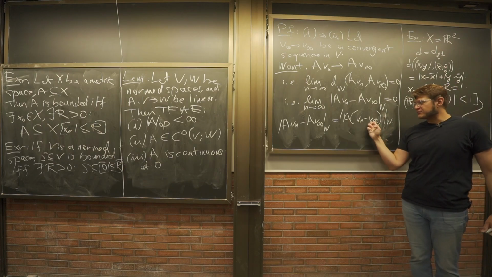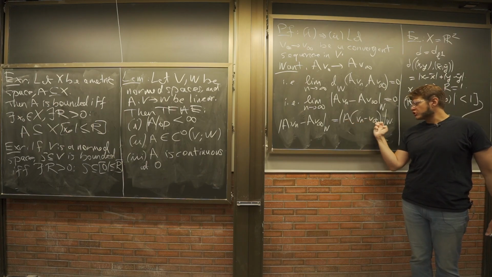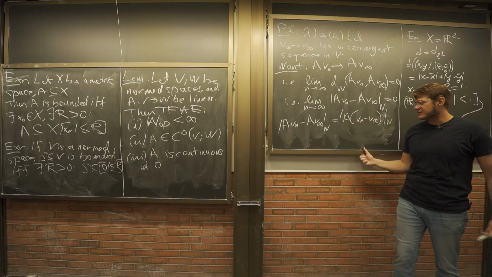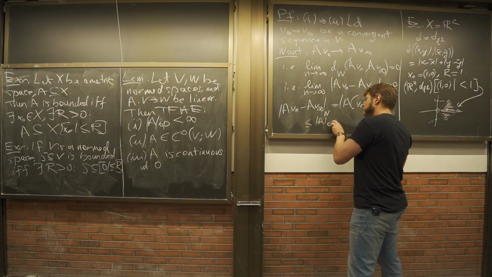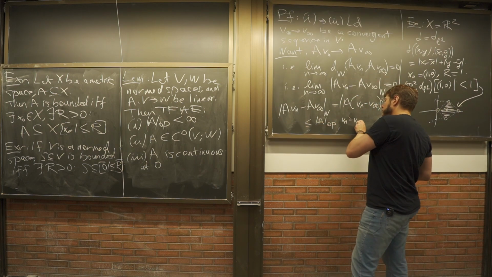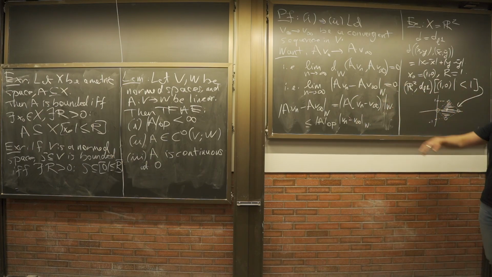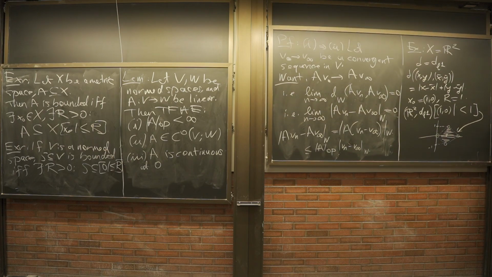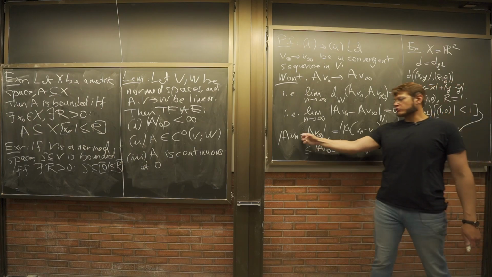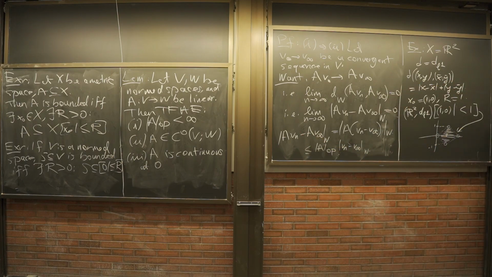I can say that this is upper bounded by the operator norm of A times the norm of Vn minus V infinity. What is the final step? I have all this. I'm trying to show this goes to 0 as n goes to infinity. And I upper bounded it by this. There's a final step.